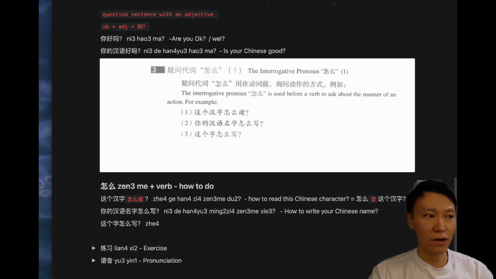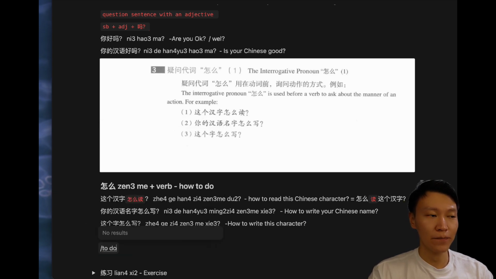Which means this character, how to write? How to write this character?